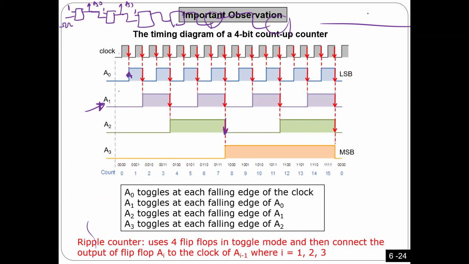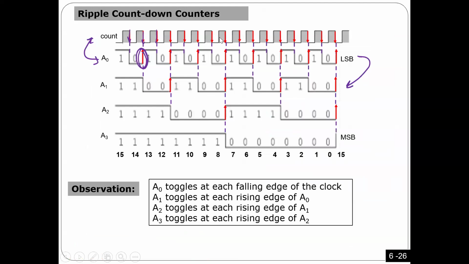That's it. Okay? Here, guys, this is just an observation. I can see if this one toggles every time there is a rising edge here, I can get this one. Same thing: if this one is the clock for this one, this flip flop also has to toggle every time there is rising.